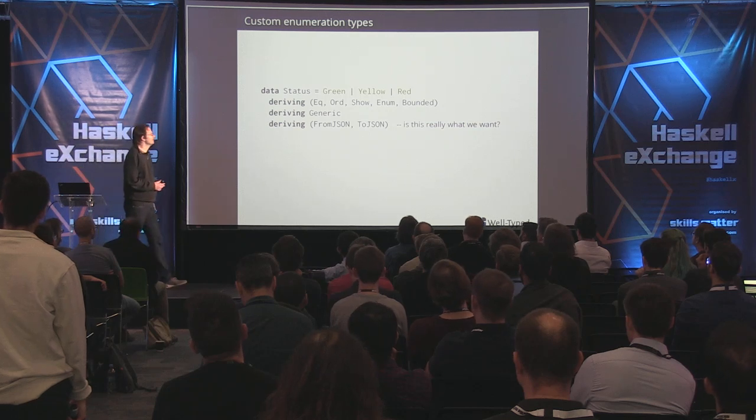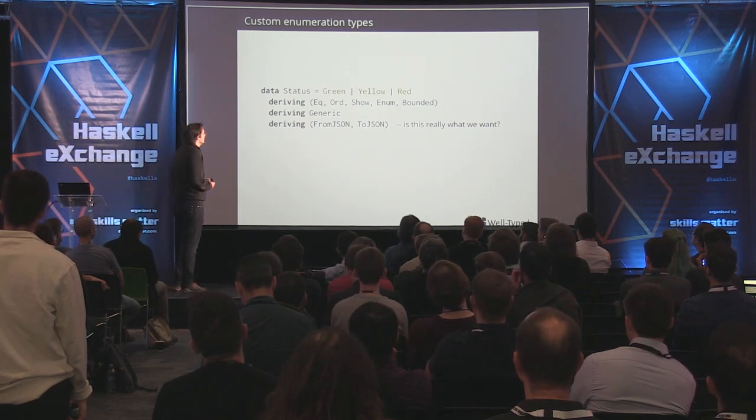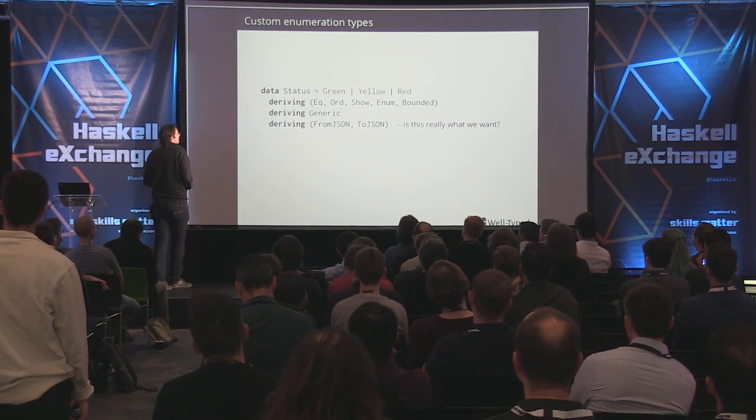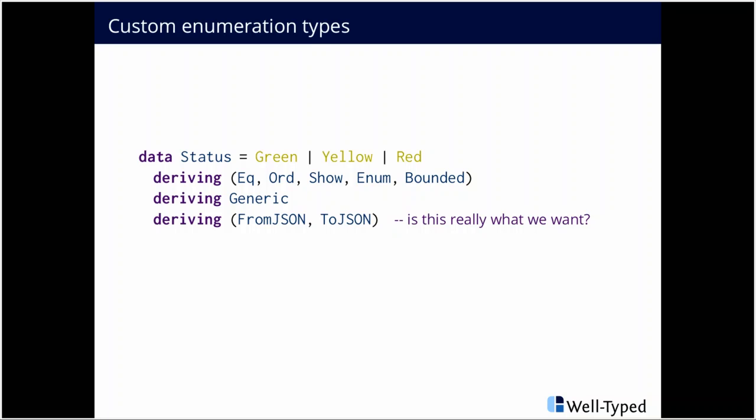And one more example I have is something that I actually wanted in similar ways a long time before deriving via was done. So I said in the beginning, deriving from JSON, into JSON, what does it do actually? For some type, it will give us just strings, right?